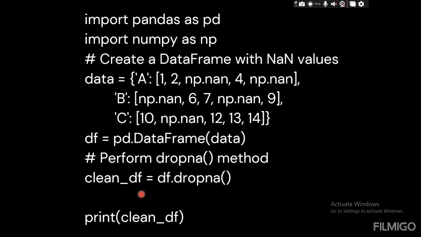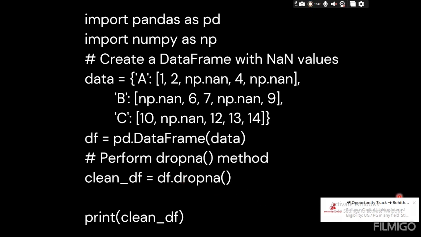So here is the same example, but used the dropna method with the data frame object. So here the dropna method is used to remove the rows or columns that contain NaN values. We can remove the NaN values by specifying axis, and we can also set the limit to drop the NaN values, and also specify the subset of rows or columns to remove which contain the NaN values.